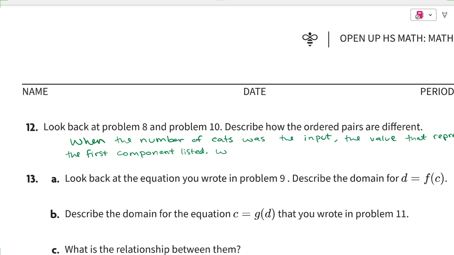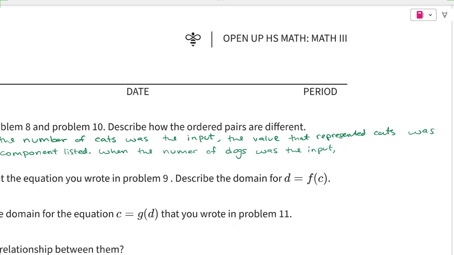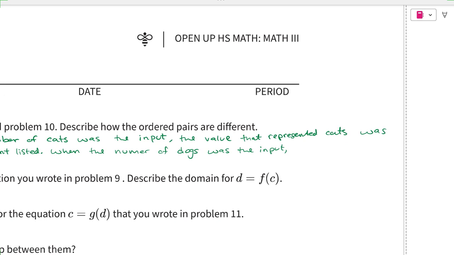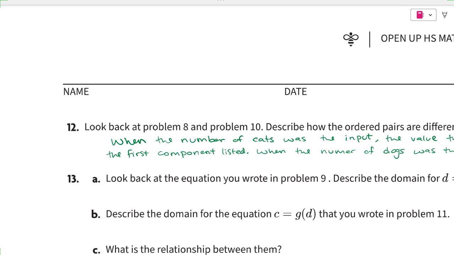When the number of dogs was the input, well, that's when the value that represented dogs was the first component.